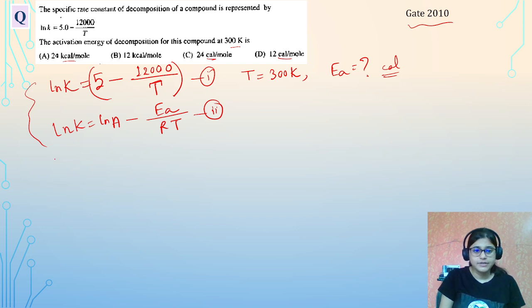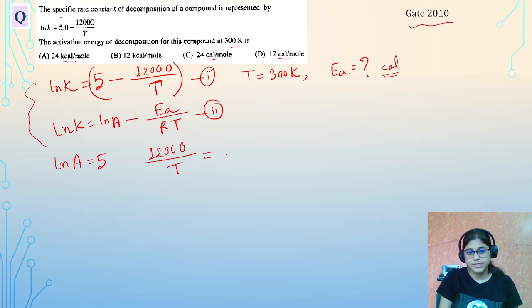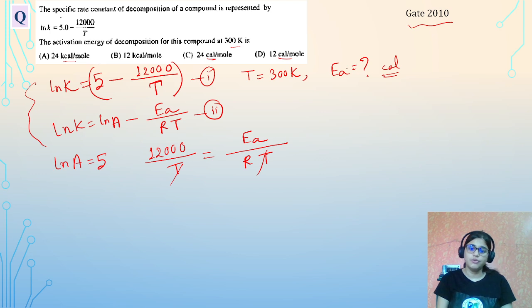You will get ln A will be equal to 5 and 12,000 by T will be equal to EA by RT. So T will be cancelled out. So see here T value is given, but T is here of no use. Okay.